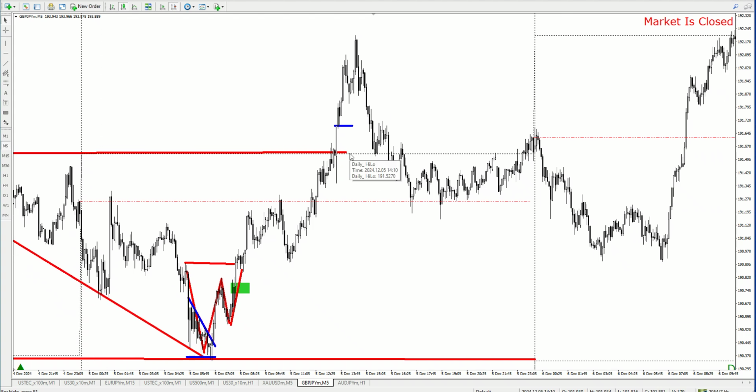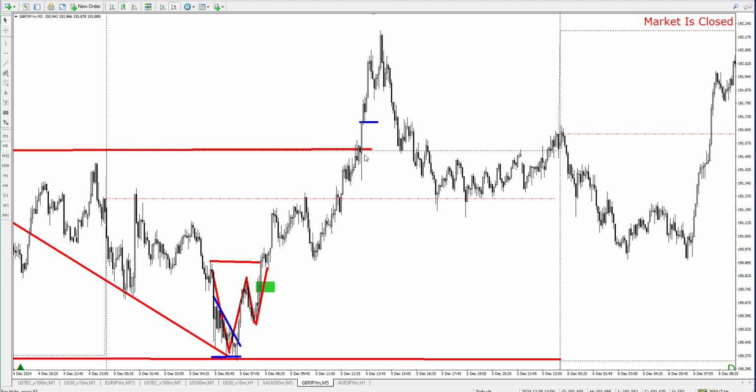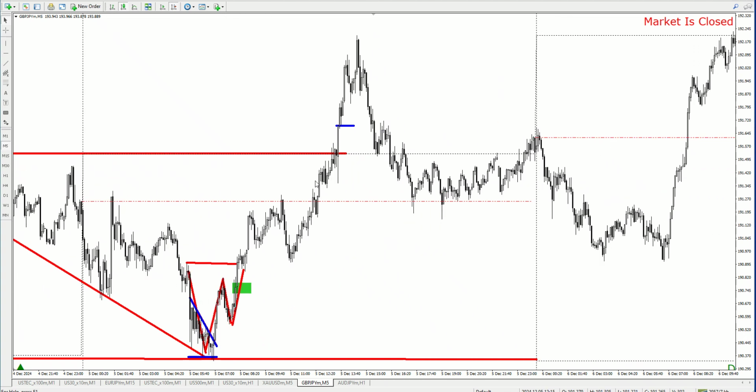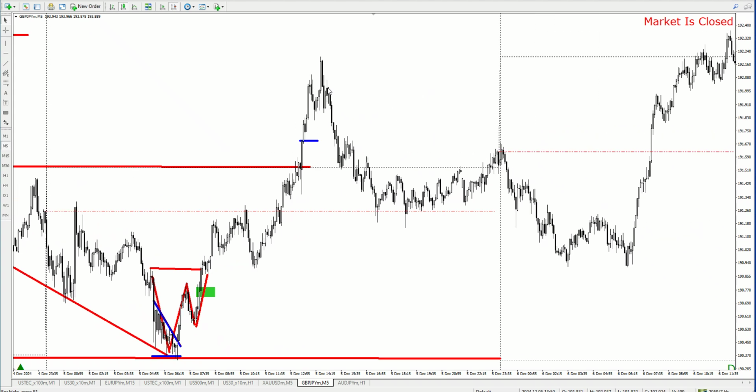So I use MT5 and different kinds of platforms, but I always use MT4 for my analysis because for the longest time I've been using it. Although many people write comments telling me it's outdated, I love it, guys, because all my indicators work perfectly on it. So I just love MT4. I use it to analyze, and I will still execute on whatever platform I'm using, but I do my analysis here.